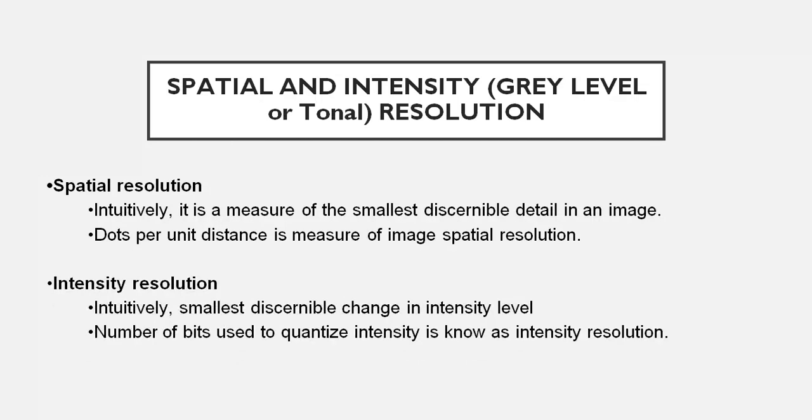Intensity resolution is the smallest discernible change in the intensity level. So here, intensity resolution depends upon the number of bits required to represent each pixel. Spatial resolution can also be called sampling, and intensity resolution can also be called quantization.